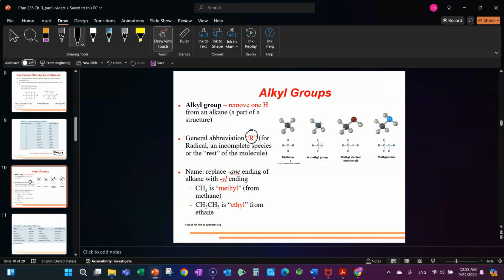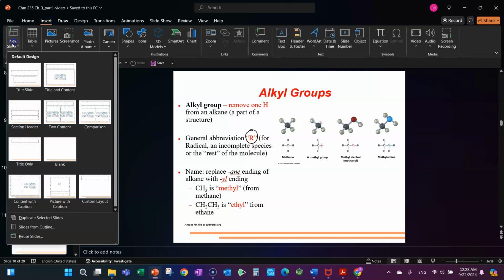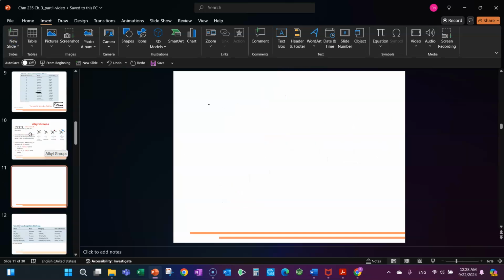For example, if you start with methane and remove one of the hydrogens, what is remaining is a methyl group. So we can draw this out. Methane is CH4, correct? So methyl would be CH3, because you have removed one hydrogen atom, so we have to leave one of the bonds free.